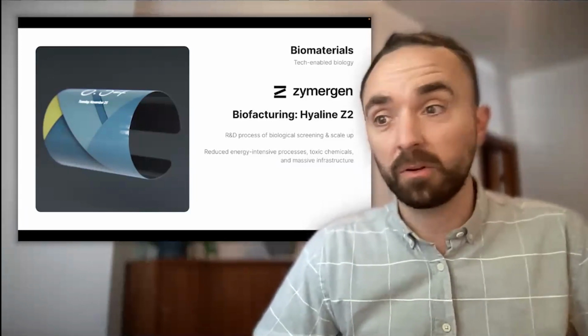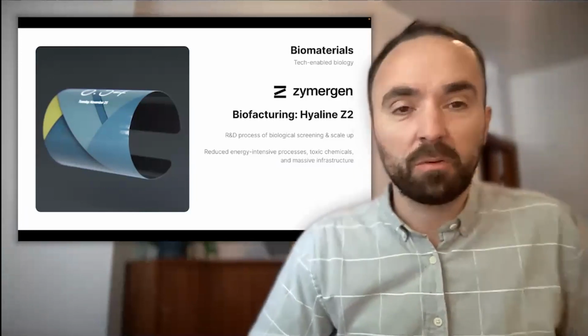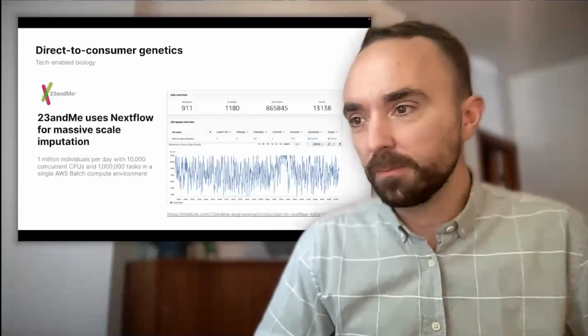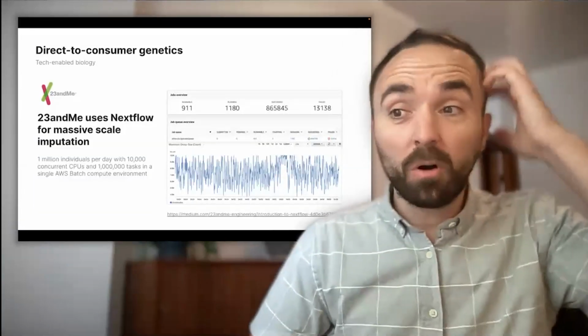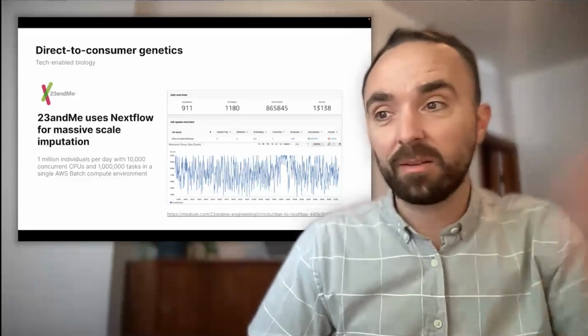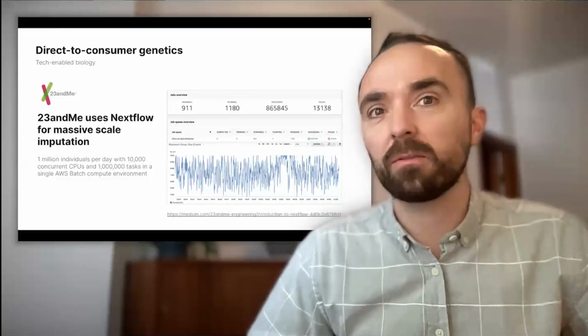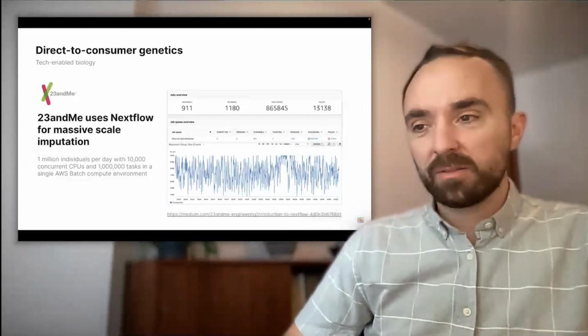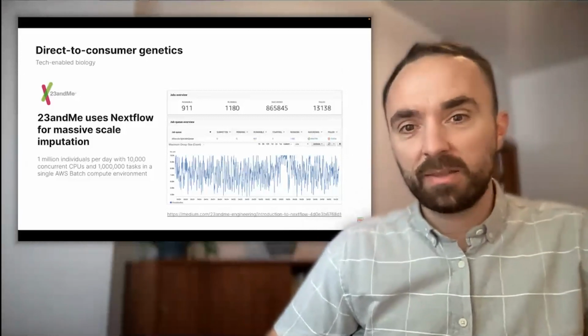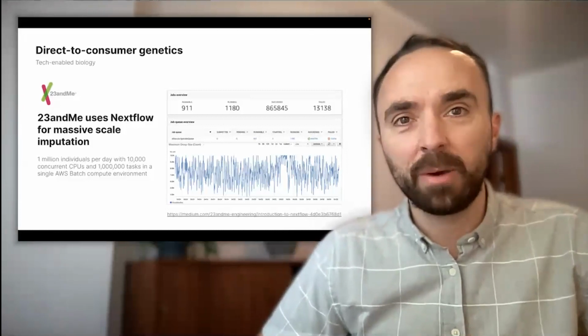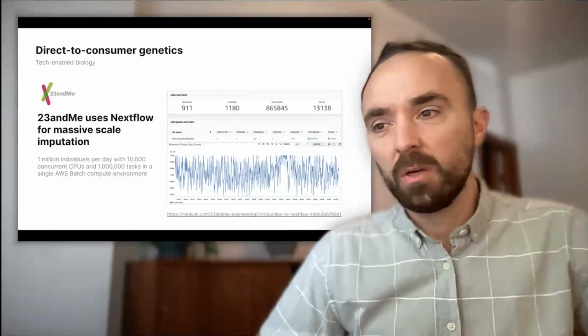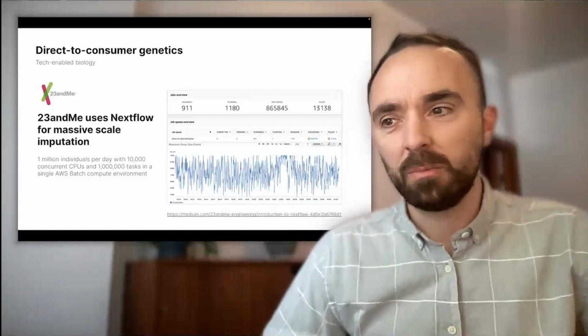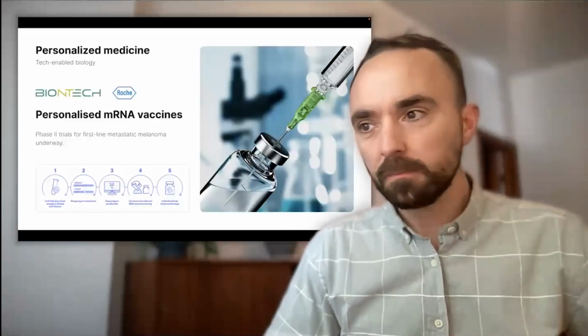There's also examples of Nextflow being used in synthetic biology and biomaterials. Zymergen is using Nextflow, for example, in their biomanufacturing research processes. Very cool work. There are also examples, of course, in direct-to-consumer genetic testing. Here I'm showing 23andMe, who use Nextflow and Tower to run their imputation pipelines at a phenomenal scale on AWS Batch. This figure here is from a great Medium article, linked below, showing the 10,000 concurrent CPUs churning through their data.